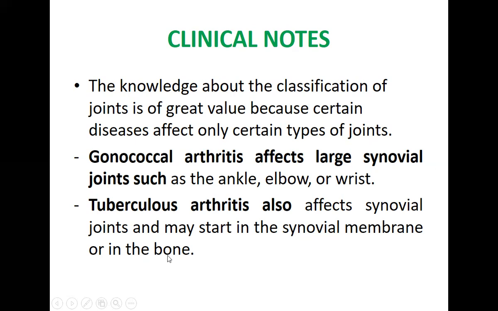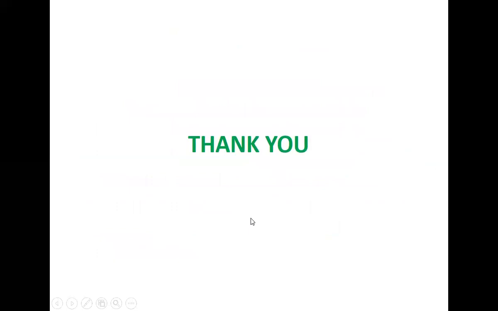Usually in tuberculosis of the joint, the infection starts in the bone and then moves into the joint. It might start in the bone or even in the synovial membrane, then it will go to the synovial joint.